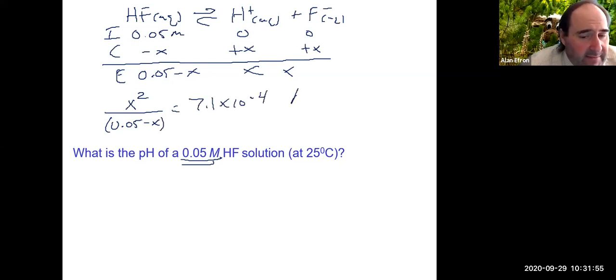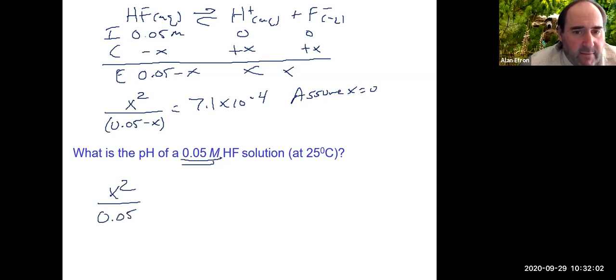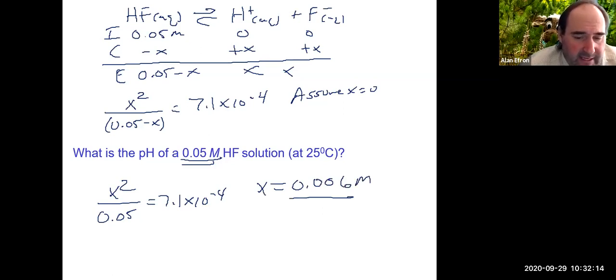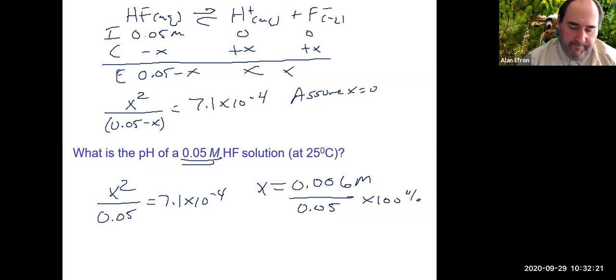If we made that same assumption, it would give us x squared over 0.05 equals 7.1 times 10 to the minus 4. When we multiply the other side and take the square root, we get an x value of like 0.006 molar, which if we then divide by 0.05 times 100%, we will get something like 12%, which is a bad assumption.